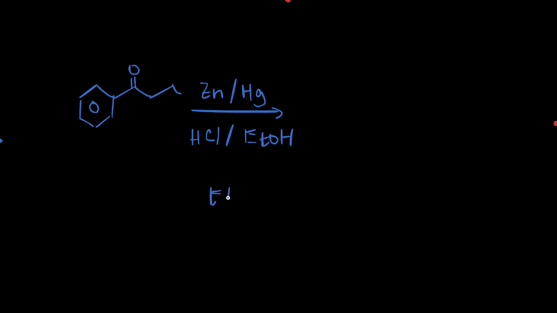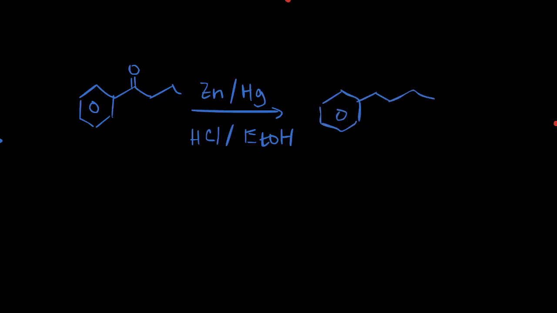Now, if we want to reduce this ketone, we're going to want to react with zinc over mercury, like this, and this is going to be in HCl and ethanol, which we can abbreviate like this. When we write EtOH in this way, that's the same thing as ethanol. So if we do this reaction, we're going to be able to reduce our ketone to form our desired product here.